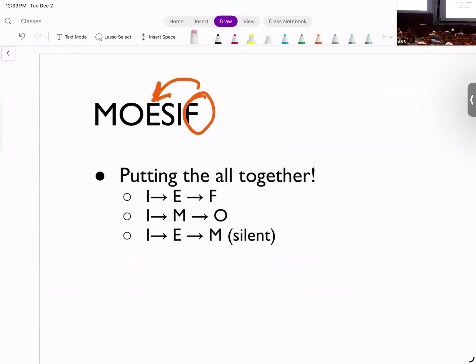And from E, if someone else wants to read it, you go to F. If you're in I and you want to write, you go to M, and everybody else goes to I. If someone else wants to read, you go to O, because now you are the owner, but you also want to forward your dirty copy to other people. And if you're in E, you can also go to M, but the M that you go to will be a silent one, so you don't broadcast. So the difference between S to M versus E to M is the difference between silence. Yes?